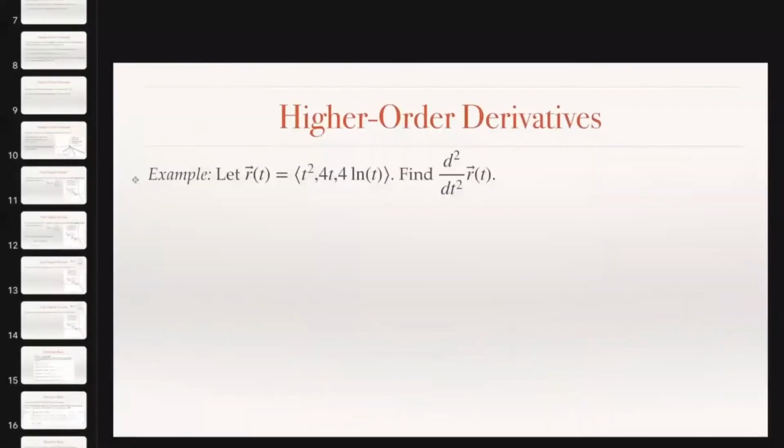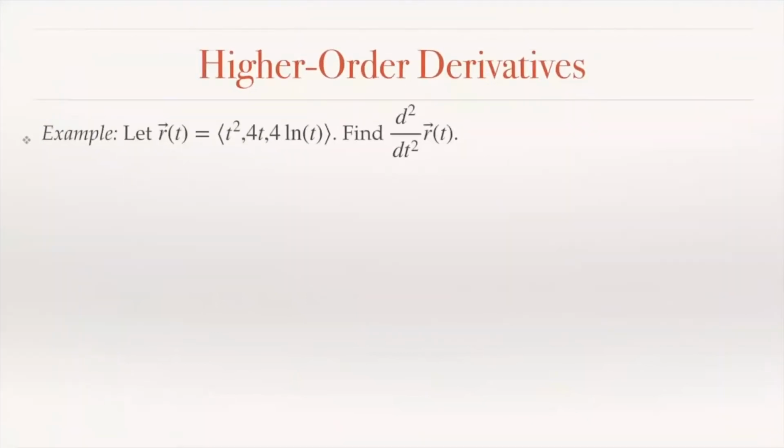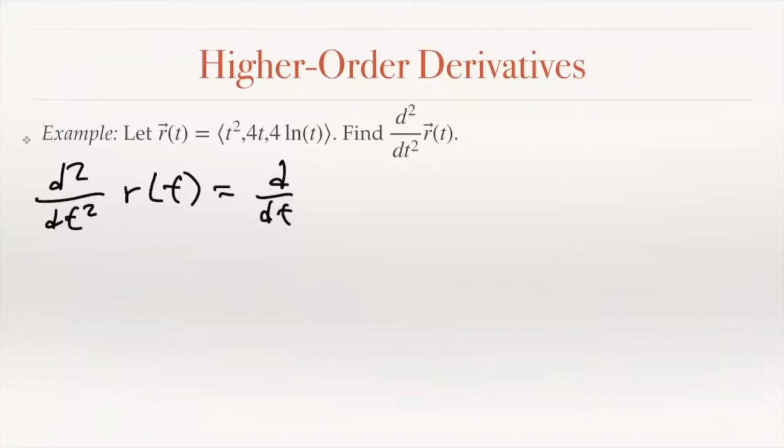Okay, and we can also take higher order derivatives, and this just means applying the derivative twice, same as in Calc 1. So d squared dt squared of r of t, that just means d dt of d dt of r of t.